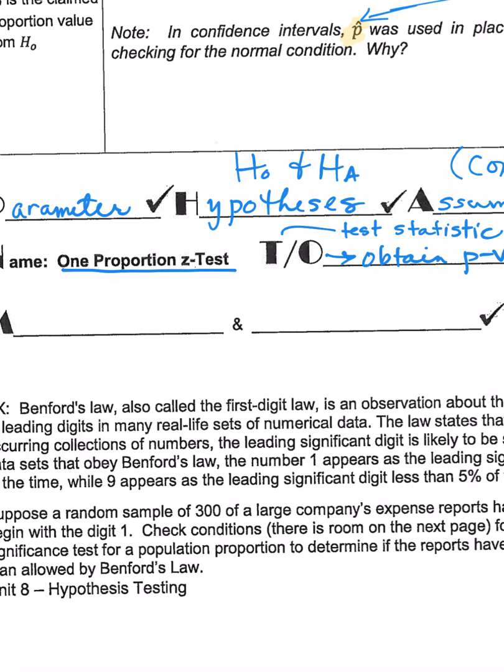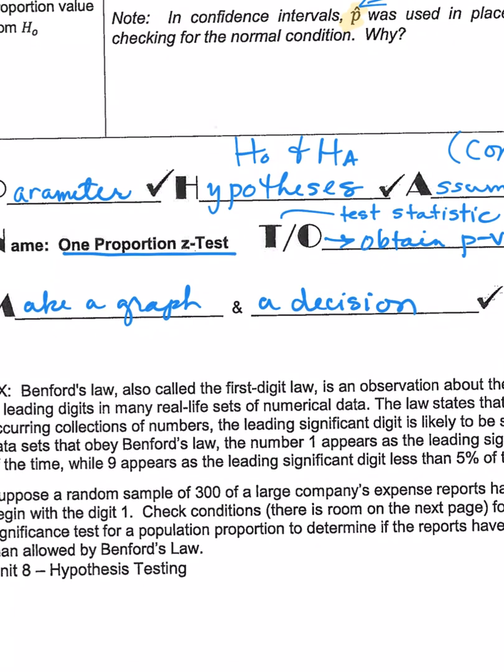Because we have to compare our p-value, don't we? M stands for make a graph. And a decision. We have to make a decision based on our test statistic and our p-value and our graph, right? These are all going to go together.